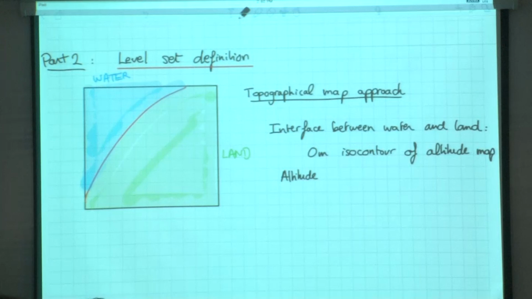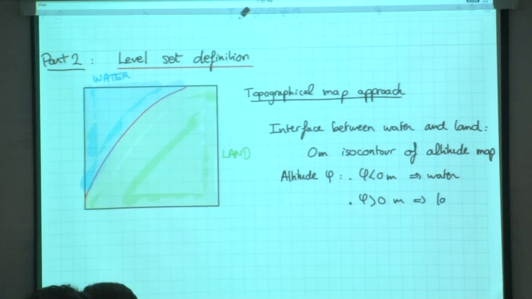So if the altitude of the ground, say you call it phi, is less than 0 meter, you're dealing with water. The ground is underwater. If phi is higher than 0 meter, you're dealing with land. We're going to use exactly this strategy in order to distinguish between liquid and gas. So we'll have an auxiliary altitude map that will tell us which side, which phase we're on.